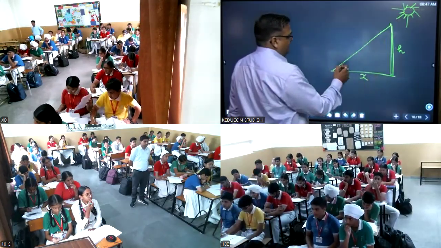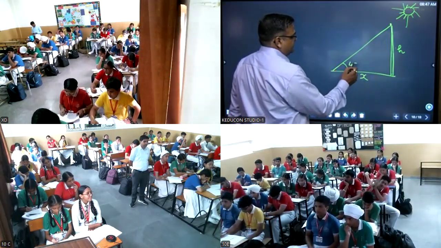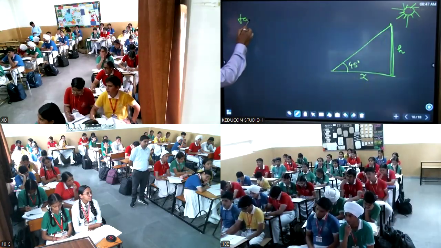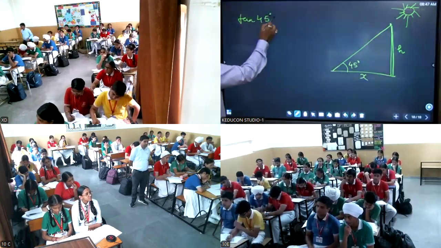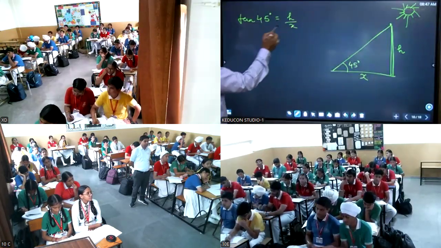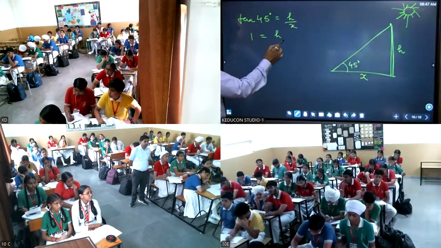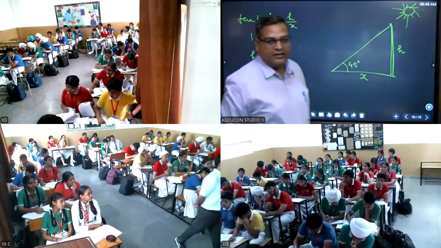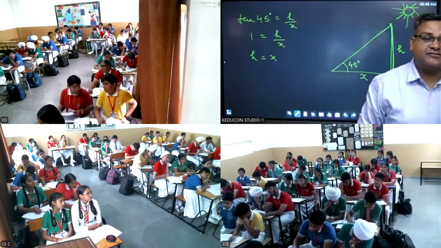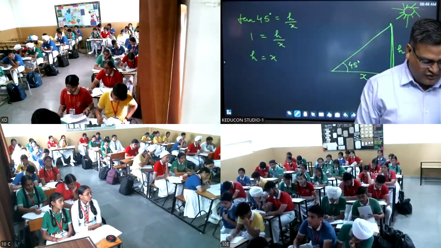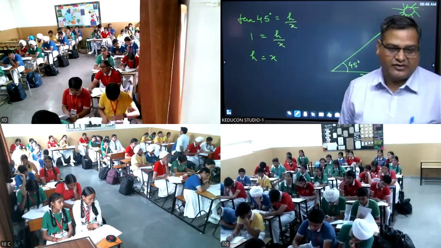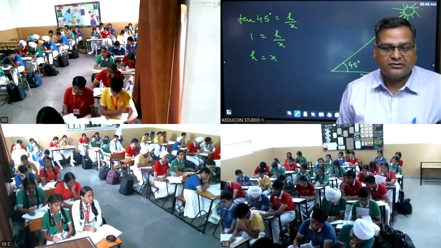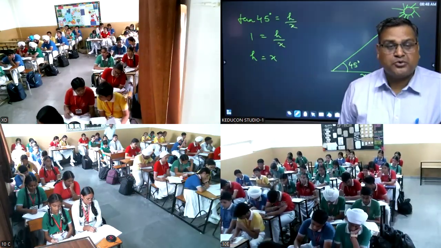If the angle of elevation is 45 degrees, tan 45 will be equal to 1. Therefore 1 equals h upon x, so h is equal to x. Therefore the ratio of the object and its shadow is 1:1. Any doubt, children? So this is true.